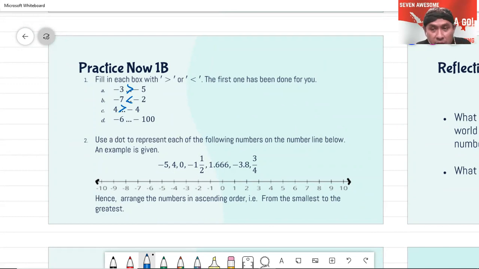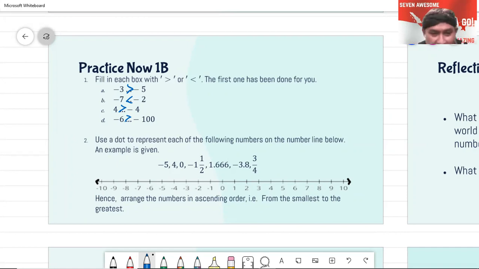If the absolute value is getting higher, meanwhile it has this mark, it means it's lower. So the answer is greater.